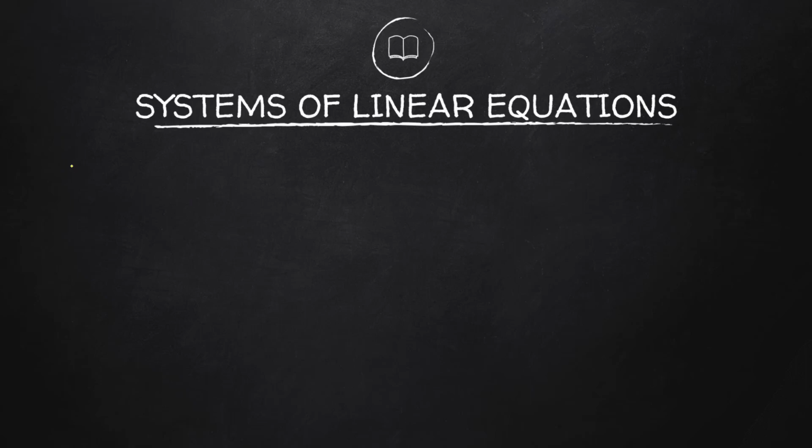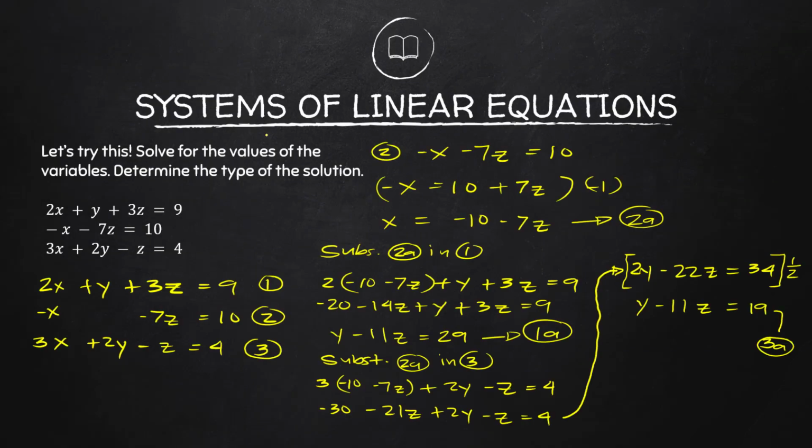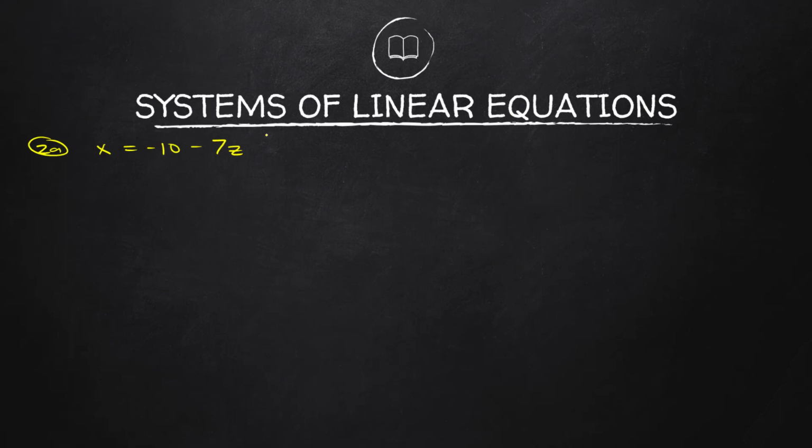So we have the two equations, or let's copy first the second equation. Equation 2a is x equal to negative 10 minus 7z, if I got it right. Yes, it's correct.